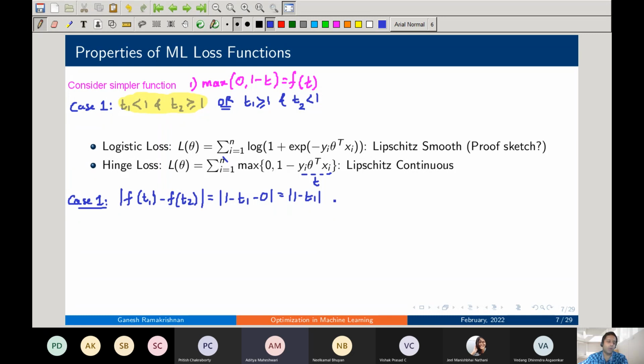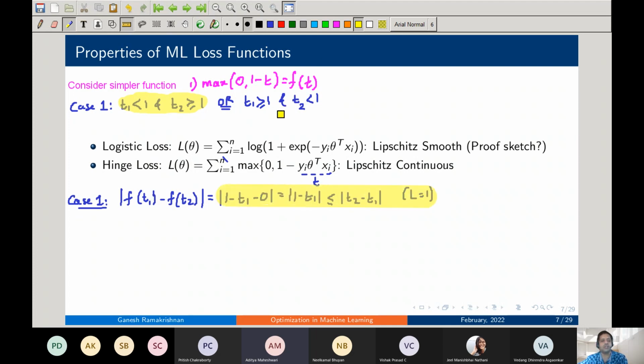And how is it related to t2? Always less than or equal to. See, t2 is greater than or equal to 1 in the first case, right? So it is less than or equal to t2 minus t1. And naturally L is equal to 1. I mean, at least there's one L which you have shown. Okay, so this is the first case.